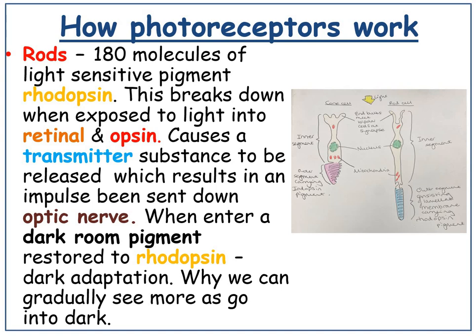And when you enter a dark room, the pigment rhodopsin is restored because retinal and opsin join back together to form rhodopsin, and that is called dark adaptation. So when you initially turn the light off, you can't see anything, but after a while you can gradually see more and more as you go into the dark.